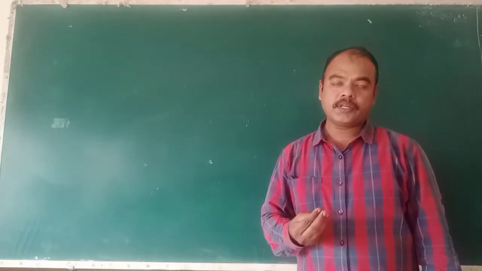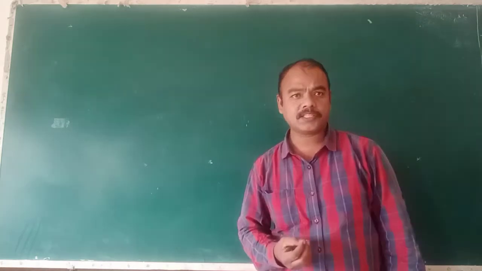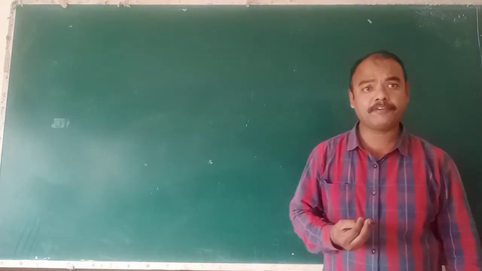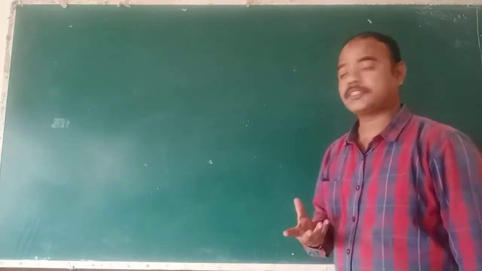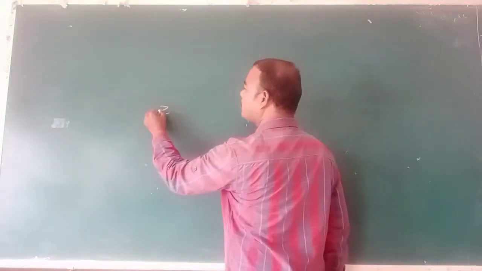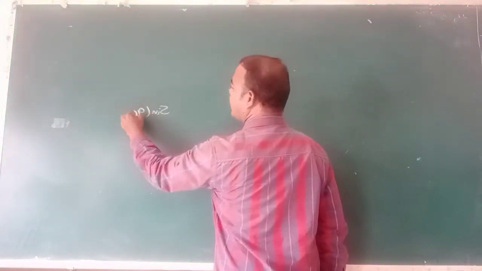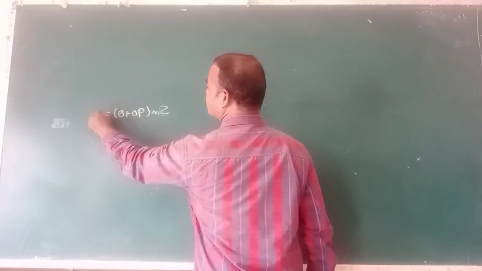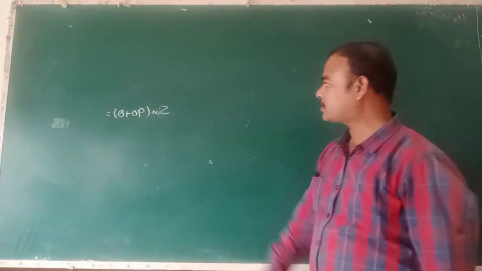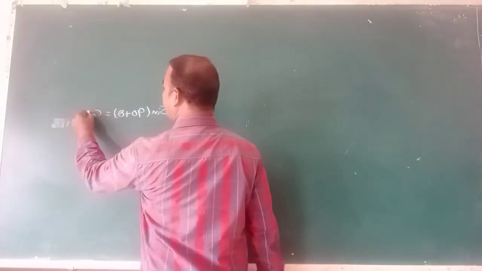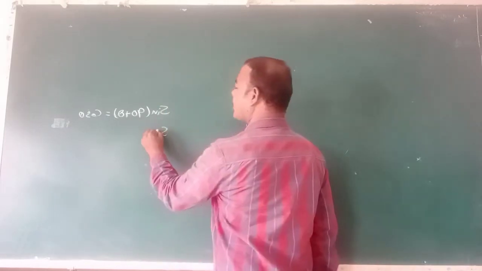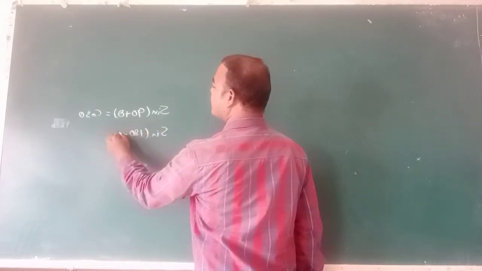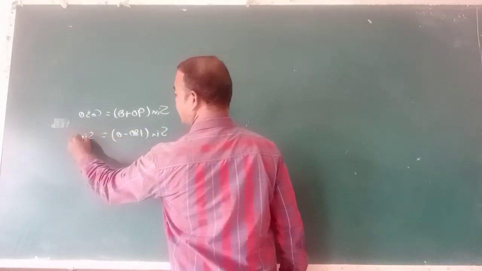Now I have seen so many students in 11th standard and 12th standard who are confused. Sine of 90 plus theta is equal to cos theta. Sine of 180 minus theta is sin theta.